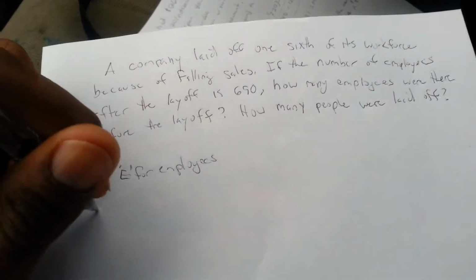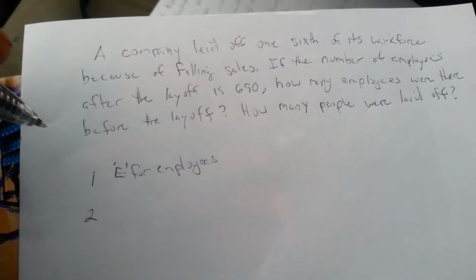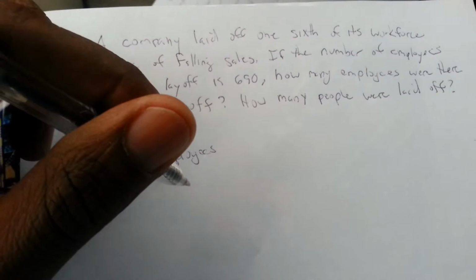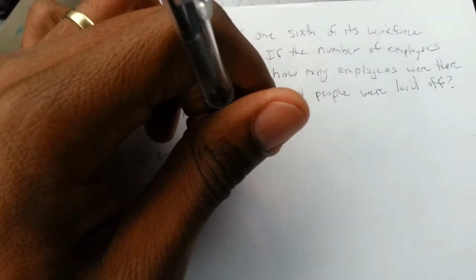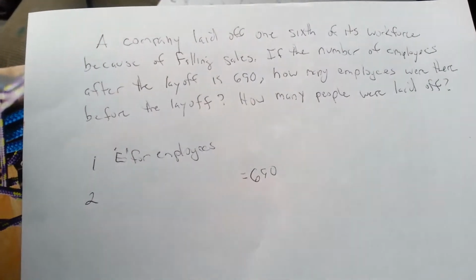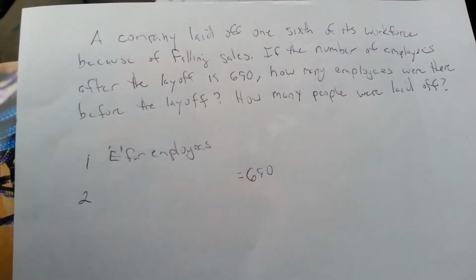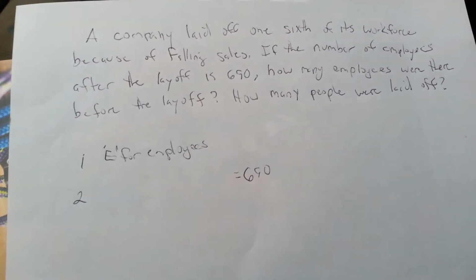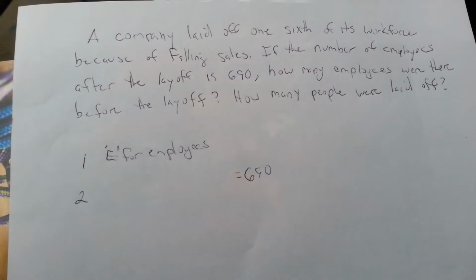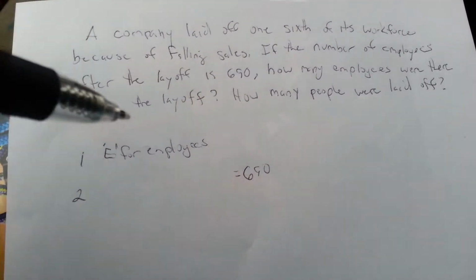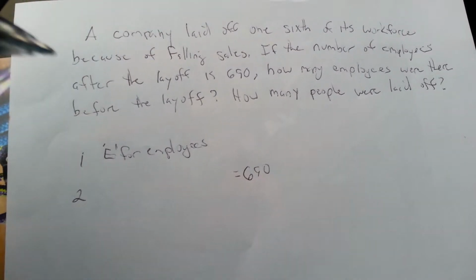Step two, coming up with an equation. We know that the number we end up with is 690. That's how many employees we're going to have at the end. So we have equals 690. What we want to find out is how many employees there were before 1/6 of them were laid off.